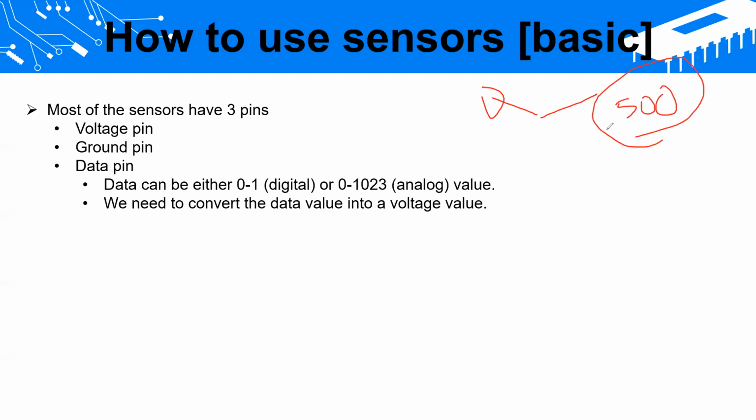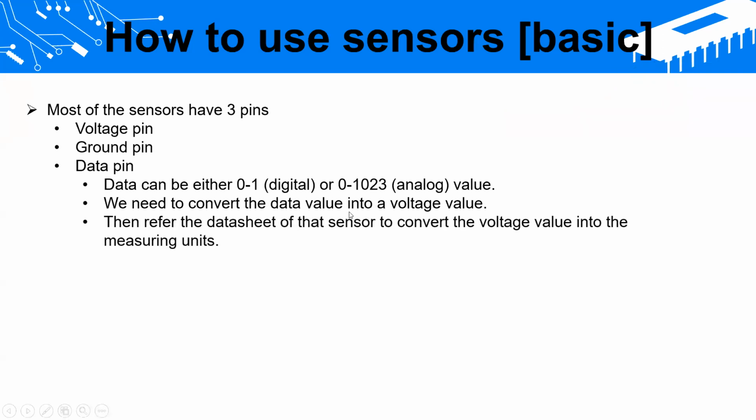So we should divide and take the voltage out of this 500. You have to keep that in mind. After getting some analog read, we need to translate that value into a voltage value.